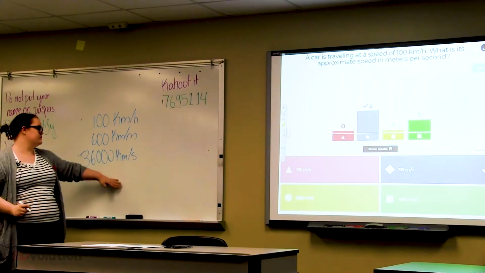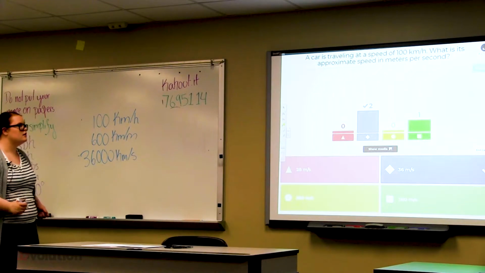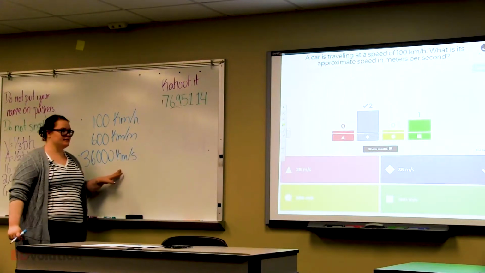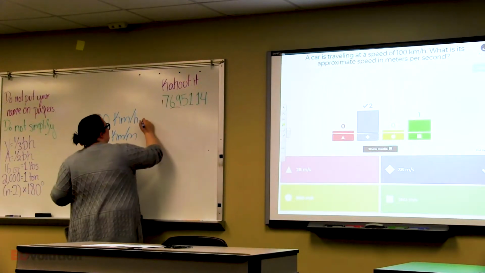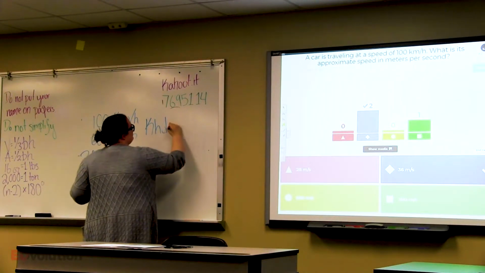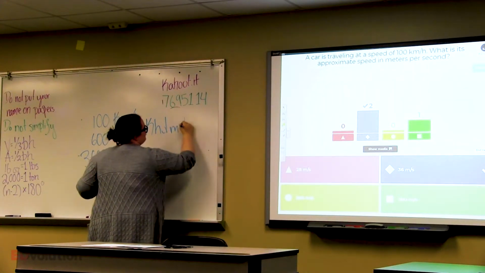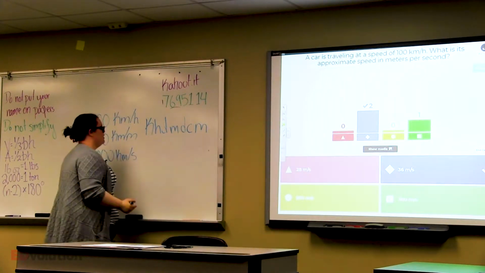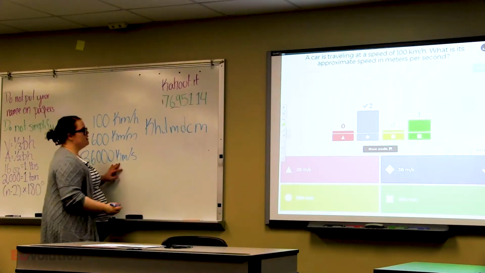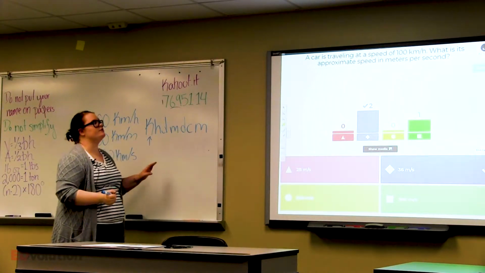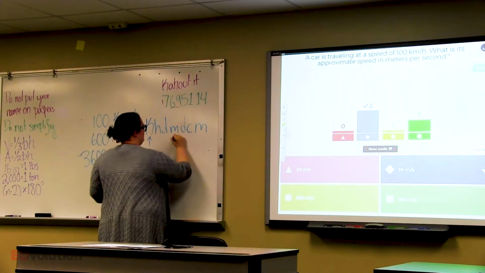So now it's time to switch to our distance. The easiest way to convert the metric system is to think about kangaroos hop down mountains drinking chocolate milk. So we're here at kilometers and we need to get to meters.